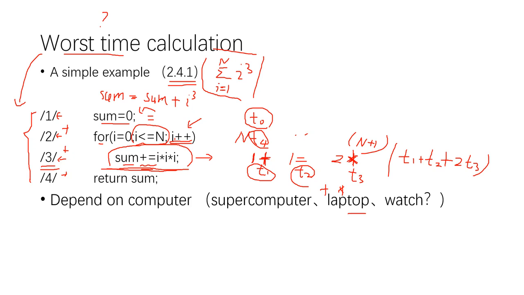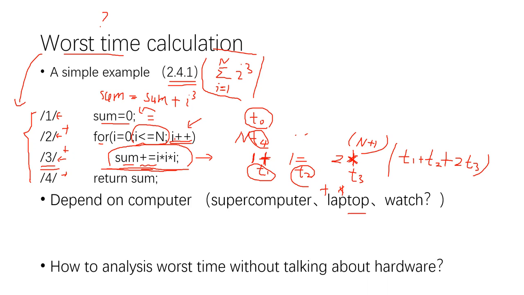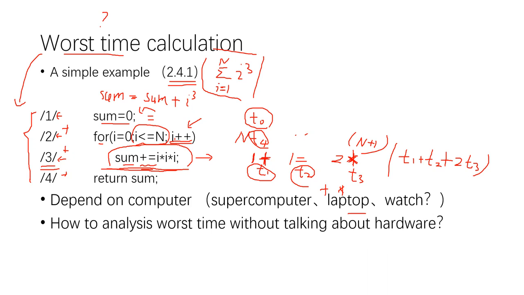So if you try to calculate this way, figuring out every detail, that is nearly impossible. It depends on the computer, and we need to analyze the time without talking about the hardware.